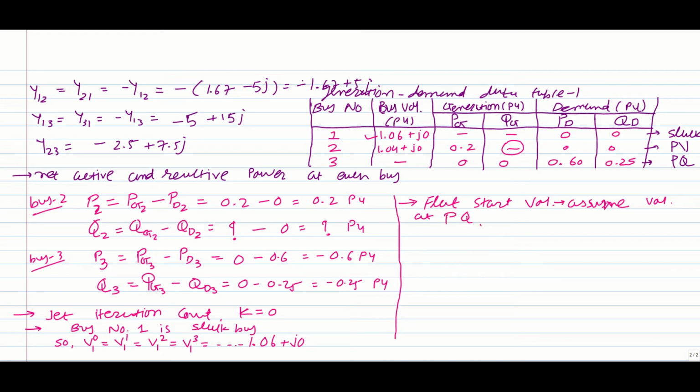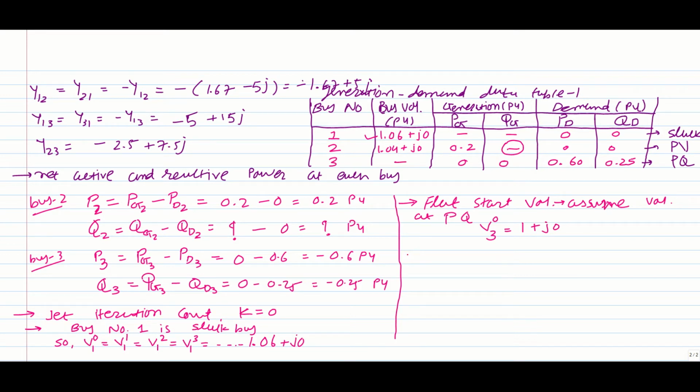So for the PQ bus, the reference or initial voltage V3 0 is 1 plus J0. Clear?